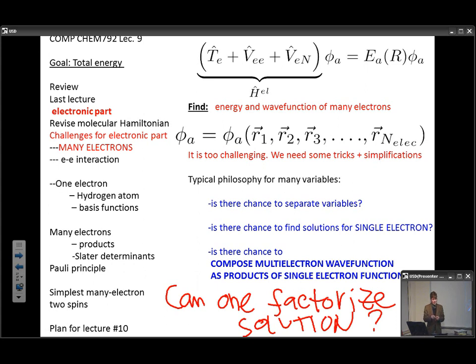Let us start from just the hydrogen atom, one ion, one electron, and then look at several ions but one electron.